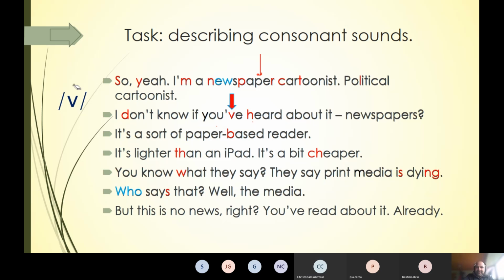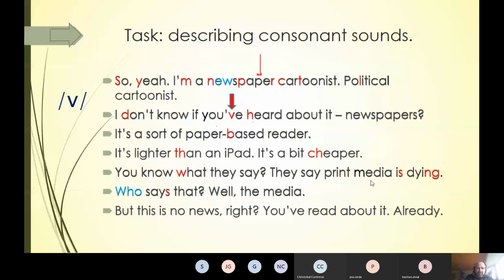Is it voiced or voiceless? Voiced. Perfect. And what are we missing? The manner, right? Fricative, exactly. Because there's friction caused by the upper teeth and the bottom lip. There's a very narrow space, right?